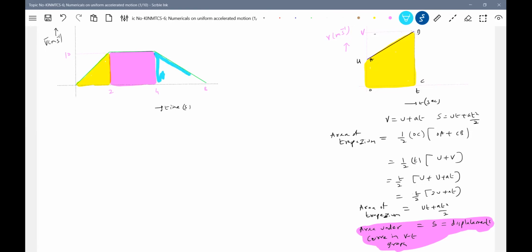I'm just dividing this particular area into three parts. That will be easy for us to learn. You can directly get into the calculations part.